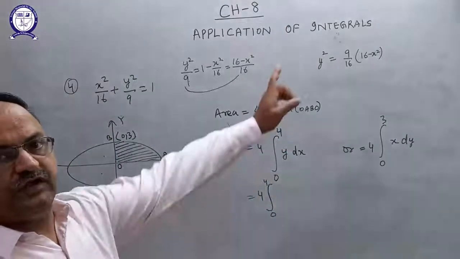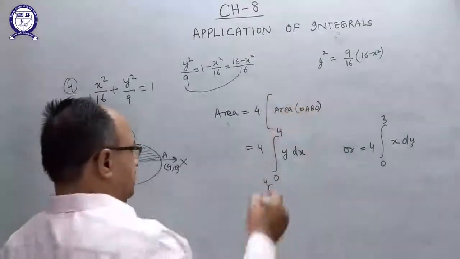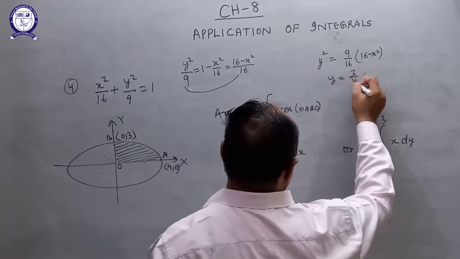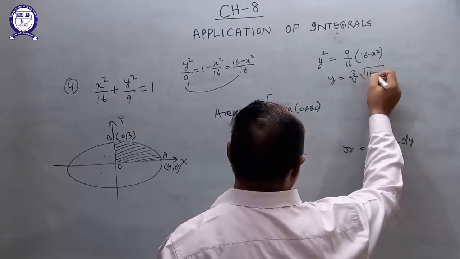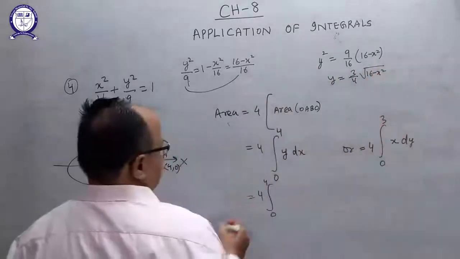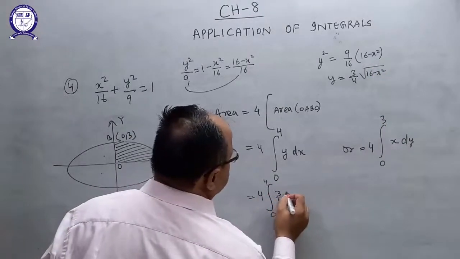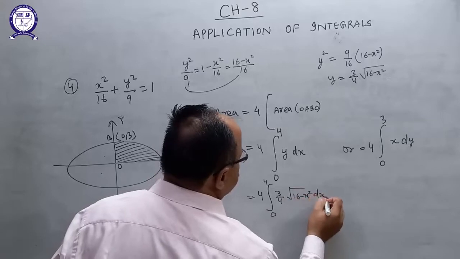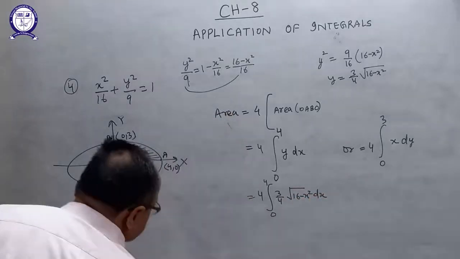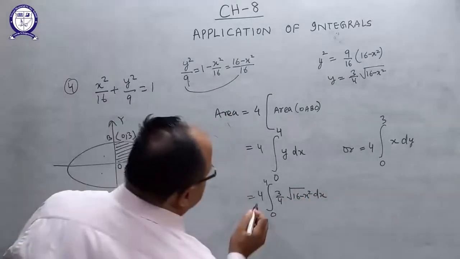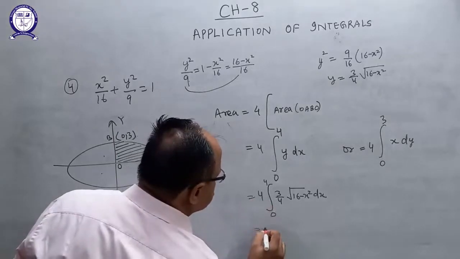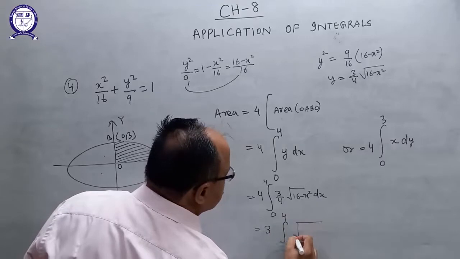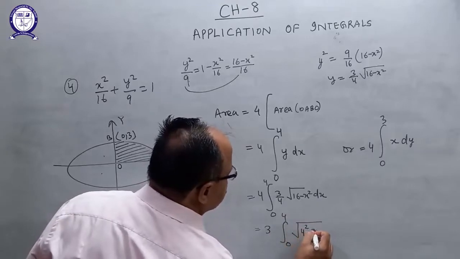And you want to find the value of y, the square root of this, 3 by 4 root 16 minus x square. Therefore 3 by 4 root 16 minus x square dx. As the 4 and 4 cancel, that is 3 times the integration 0 to 4 of root 4 square minus x square.